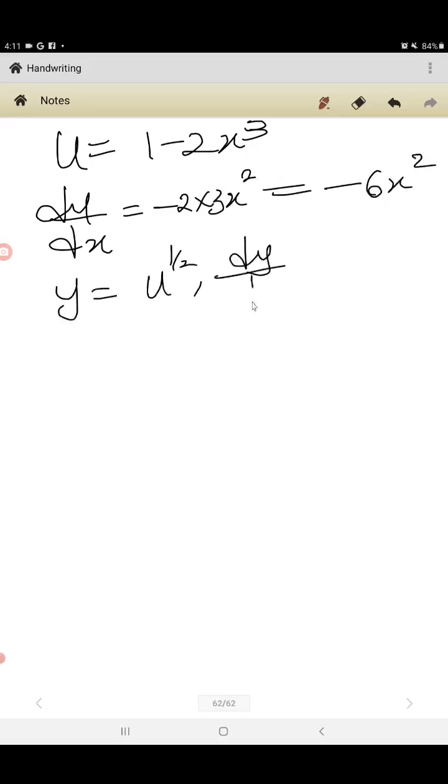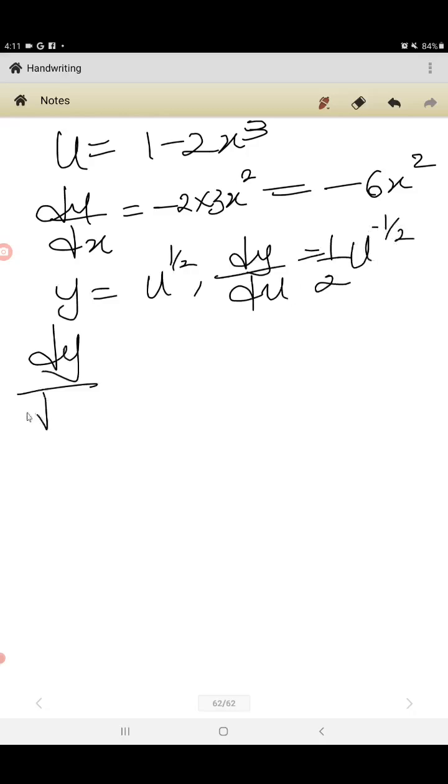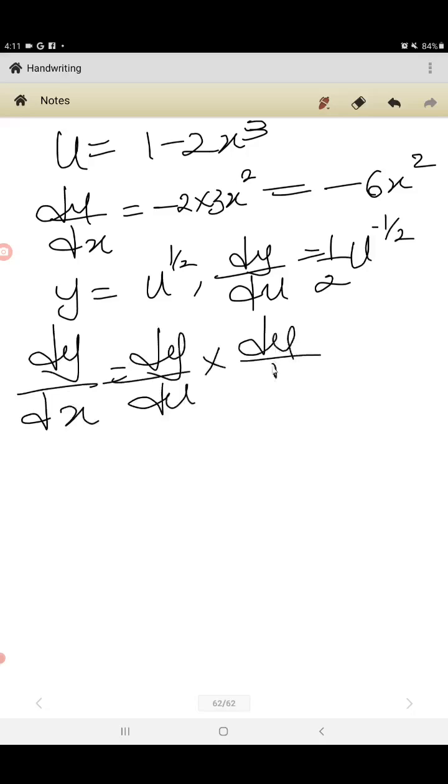The derivative of y with respect to u will give you half u raised to power minus half. We go back to the chain rule to let us know that the derivative of y with respect to u, we multiply by the derivative of u with respect to x. That's all.